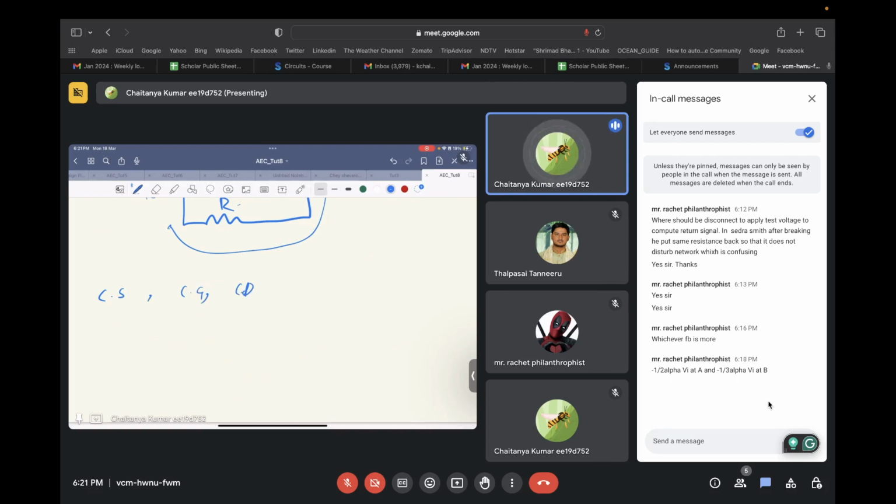If you encounter a common source, the sign from input to output will be inverted. If you have a common gate or a common drain, in those cases the signs of the input and output will remain the same. Okay, this much you can keep in mind and try to solve the questions.